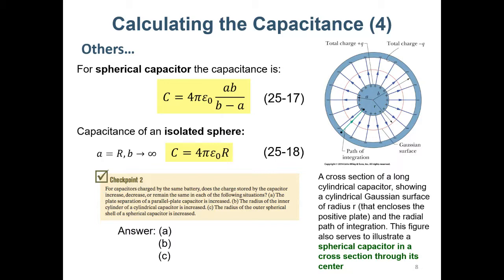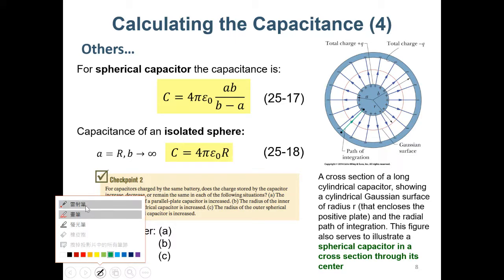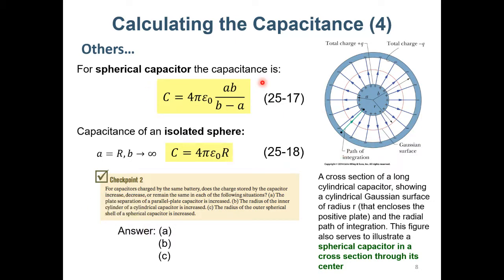So they are two spheres with a common center, not cylinders anymore. The capacitance between them is also positive in the middle and negative on the outside. The capacitance is 4 pi epsilon 0 AB over B minus A.